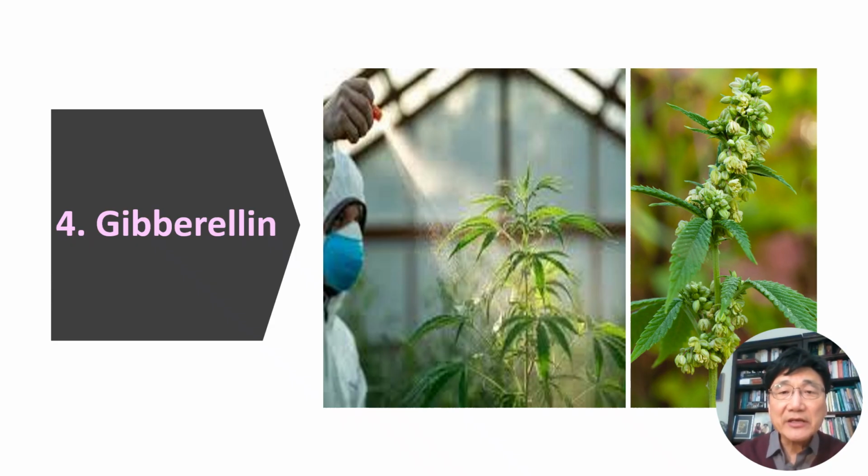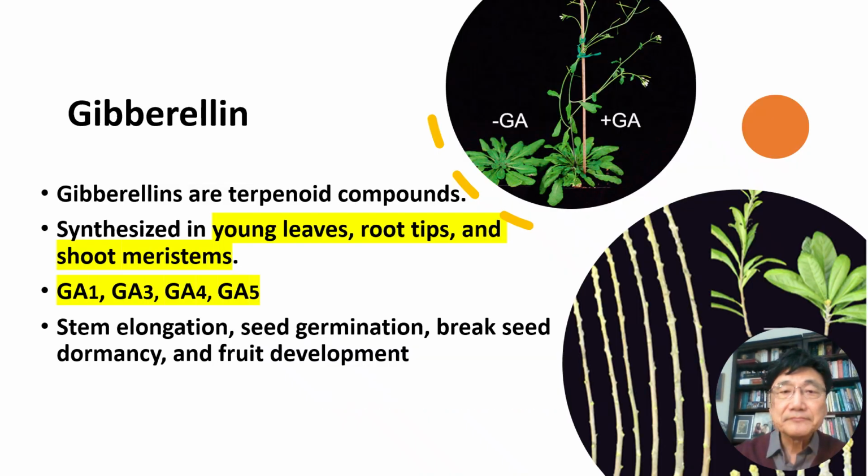This ability can be used to produce feminized seeds in cannabis. Gibberellins are mainly produced in actively growing regions of the plant, such as young leaves, root tips, and shoot apical meristems. They break seed dormancy and promote fruit set and growth without pollination.